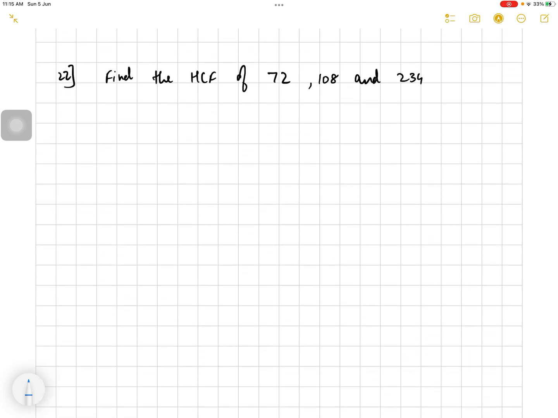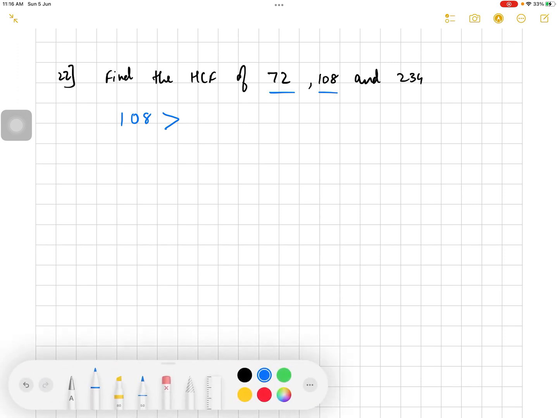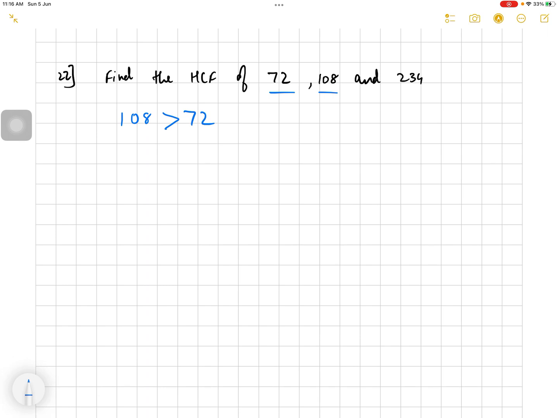When there are 3 numbers, first take any 2 numbers. I'll take these 2 numbers. 108 is greater than 72, so let us find the HCF of 108 and 72.